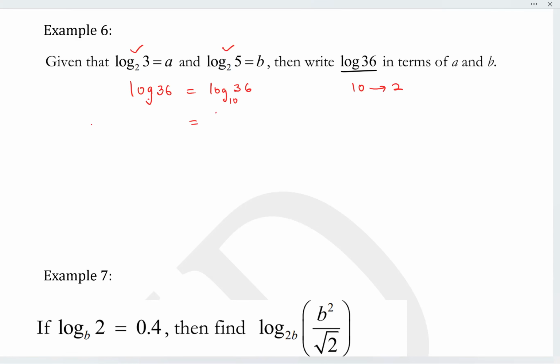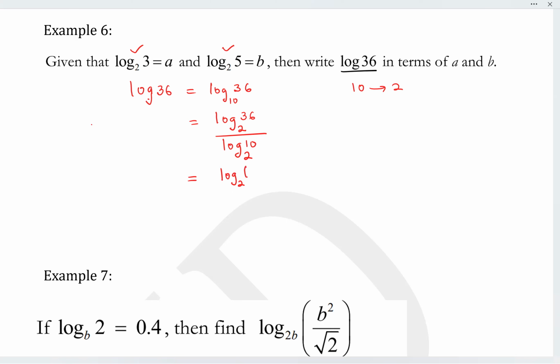So to go from base 10 to base 2, we can write this as log to base 2 of 36, over log to base 2 of the old base. What is our old base? 10, right? And now this will be log to base 2 of 36.